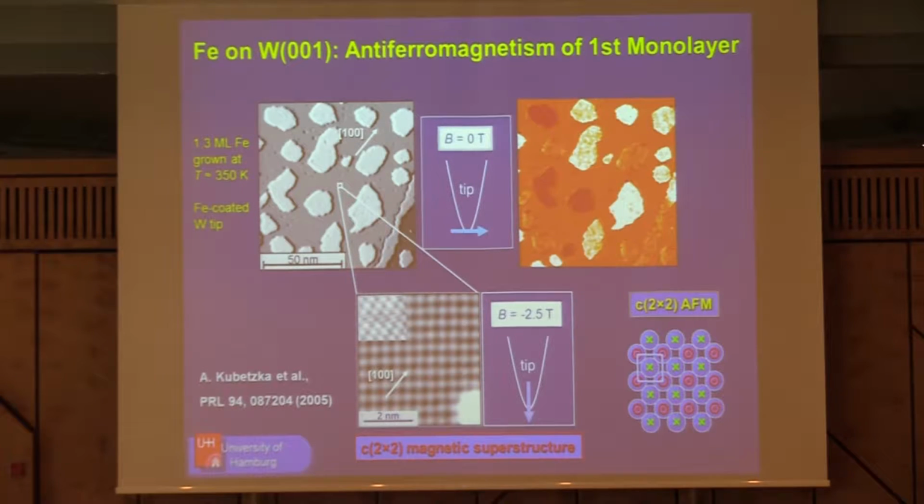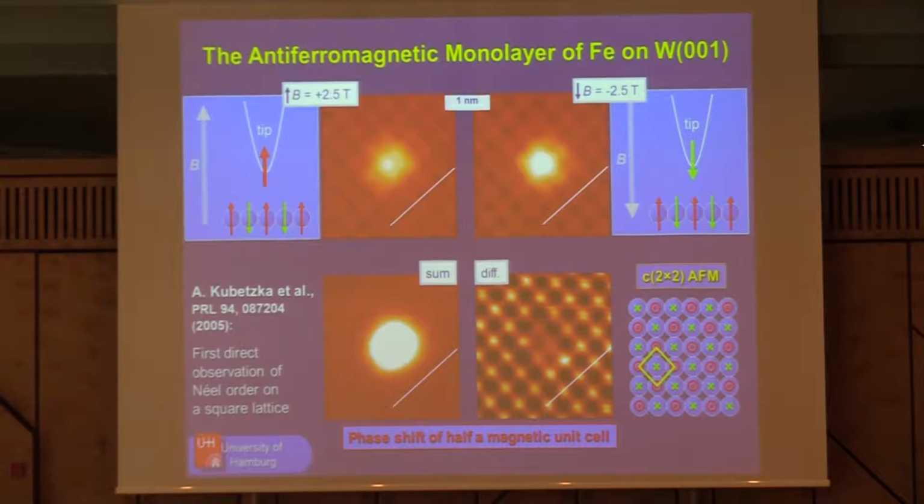Now, of course, to rigorously prove that this is a spin contrast image, you have to do the standard experiment, where you reverse the magnetization in your tip, and then you should be sensitive to the 2 different spin sublattices of the antiferromagnet, either to the red spin sublattice here, where we have the parallel spins, or here the green spin sublattice, where in this case we have the parallel spins with the tip.